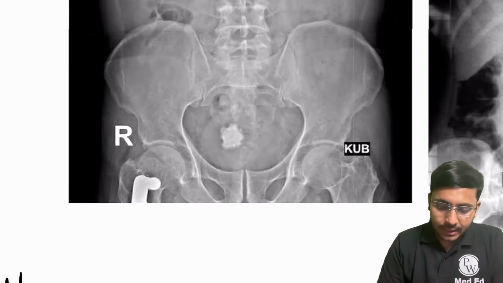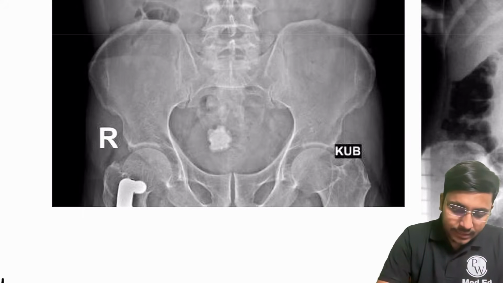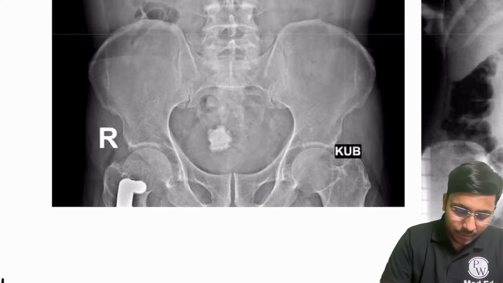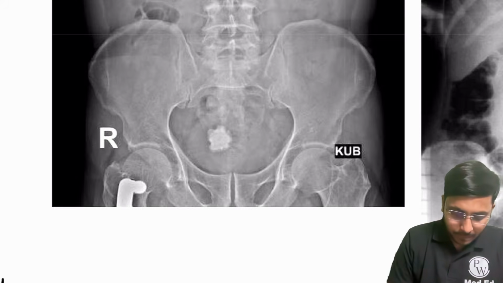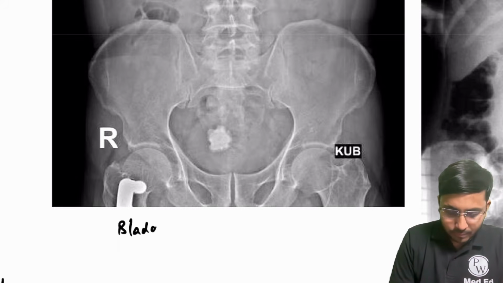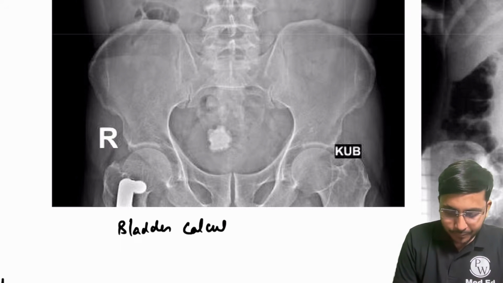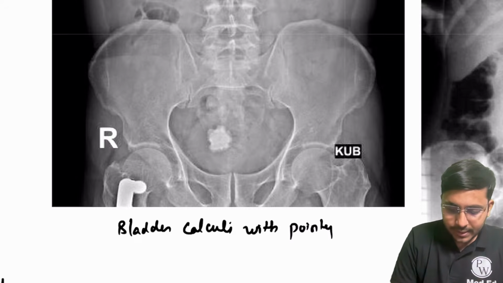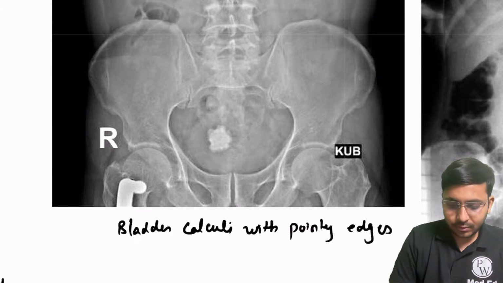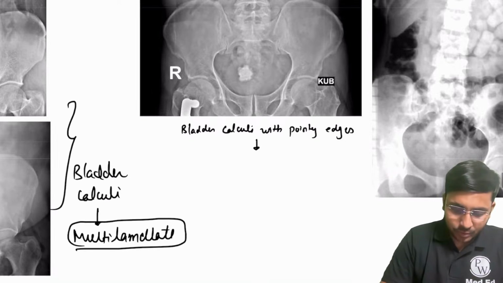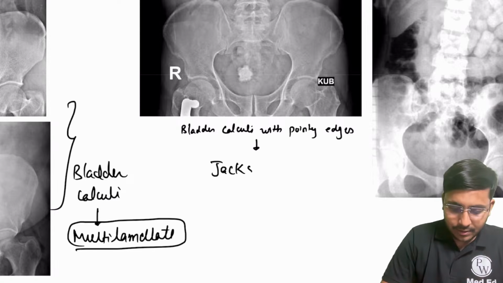Now, a type of bladder calculi has pointy edges. So, bladder calculi with pointy edges. This type is known as Jackstone calculus.